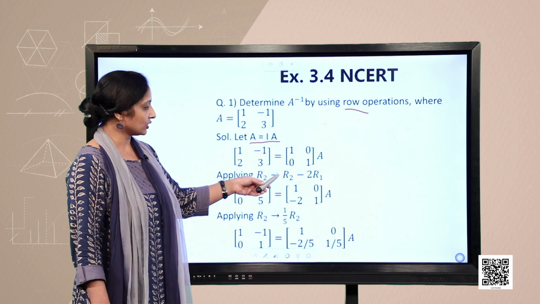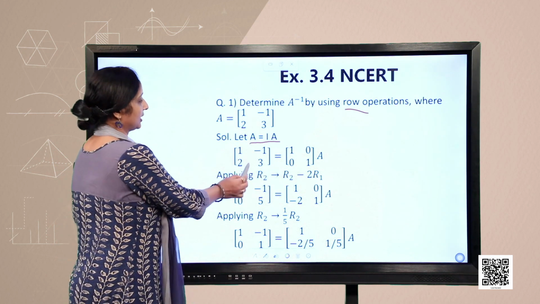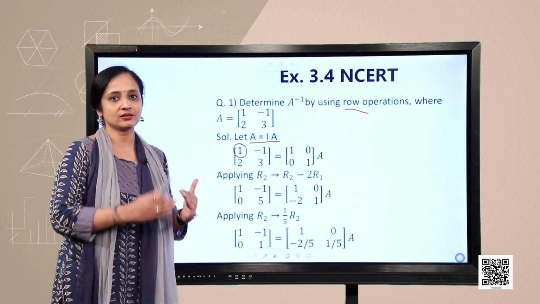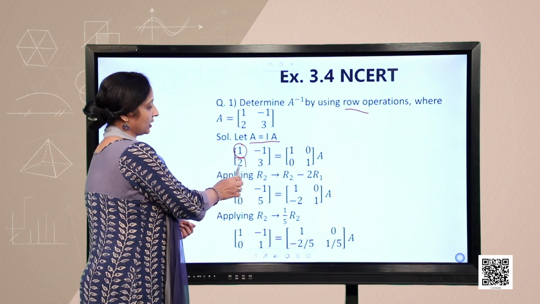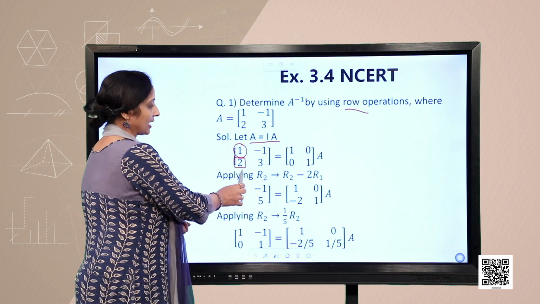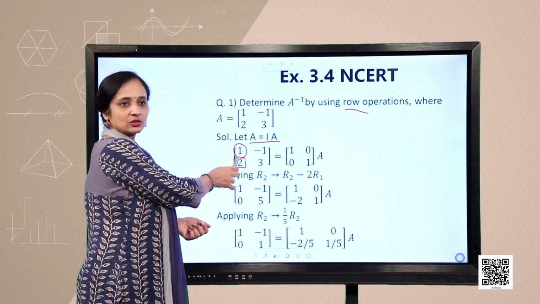Then apply R2 changes to R2 minus 2R1. Why so? Because your very first step is to make this element 1, which is already there. So one step is already done. Then we have to make this element 2 as 0. So for that we write 2 minus 2 times 1.